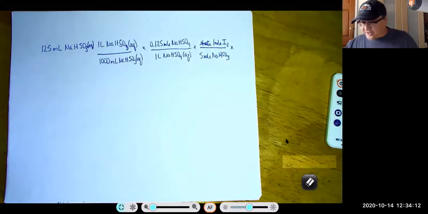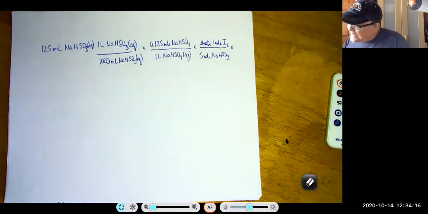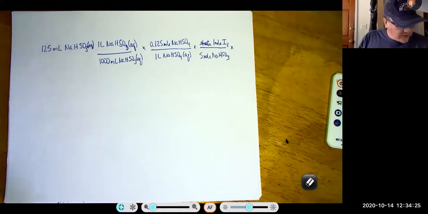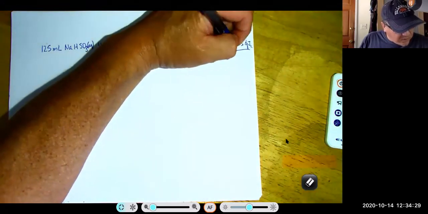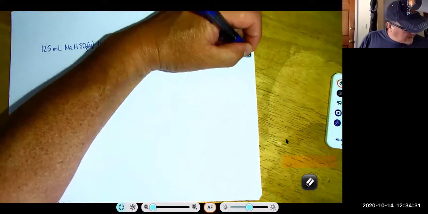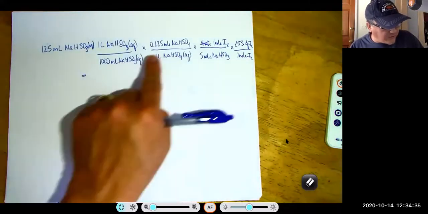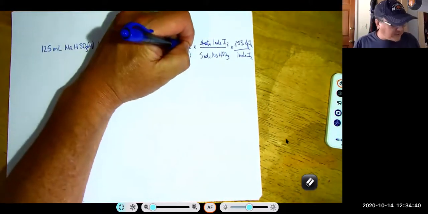And then iodine is 128 or something like that, I want to say. 126.9. So 253.8 grams of I2 per 1 mole of I2. So if we started off with 125 milliliters of 0.125 molar sodium hydrogen sulfite, that's supposed to be a 3.